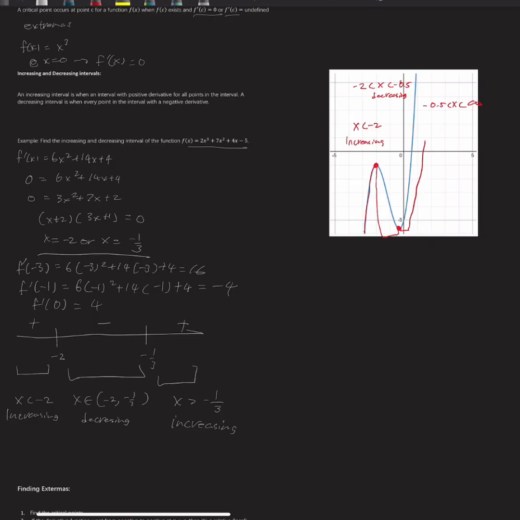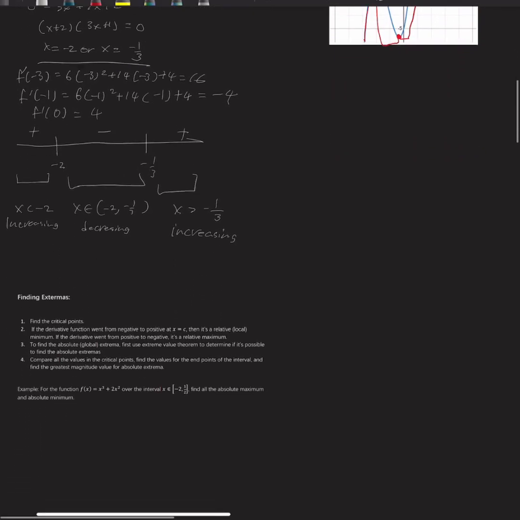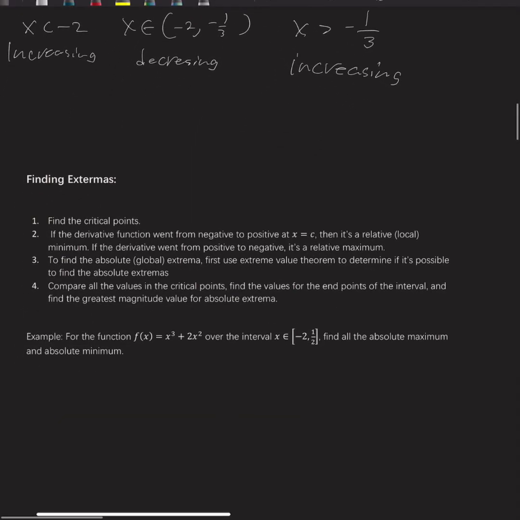Okay, let's see the next concept, finding extremas. One, you should find all the critical points over that interval. Then if the derivative went from negative to positive, then it's a relative minimum. And if the derivative went from positive to negative, then it's a relative maximum.